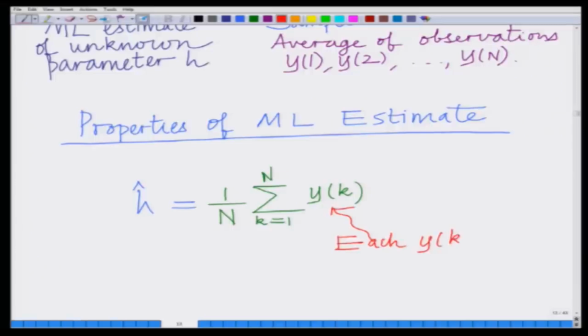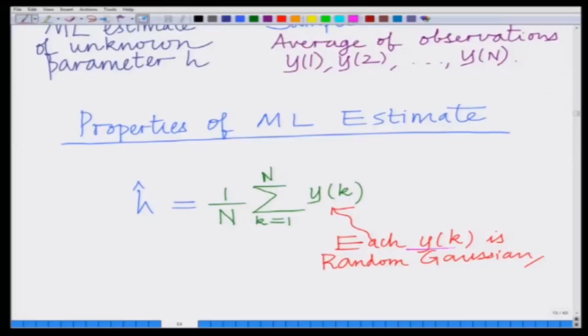In fact, each y k is random Gaussian. If you remember the very first module, we had said that these y1, y2, yn are noisy observations with mean given by the unknown parameter h and variance given by the variance sigma square of the noise v k. Therefore, it is important to stress that each y k is random in nature, in fact random Gaussian, which means h hat, which is the sample mean or average of these y k, is also random in nature.